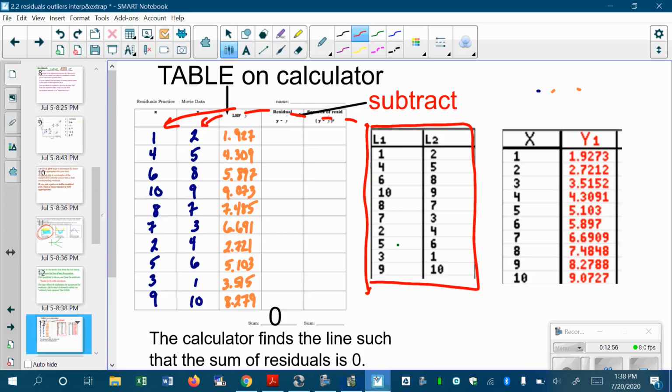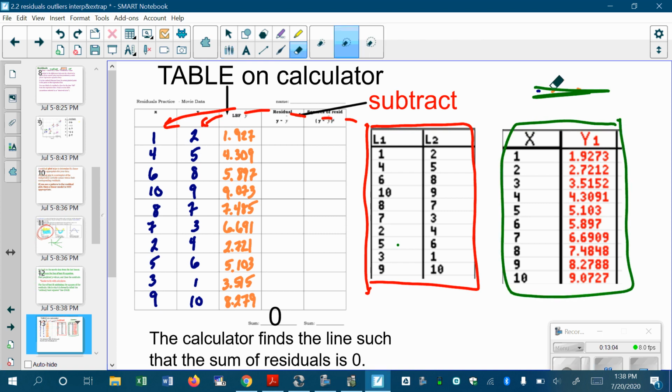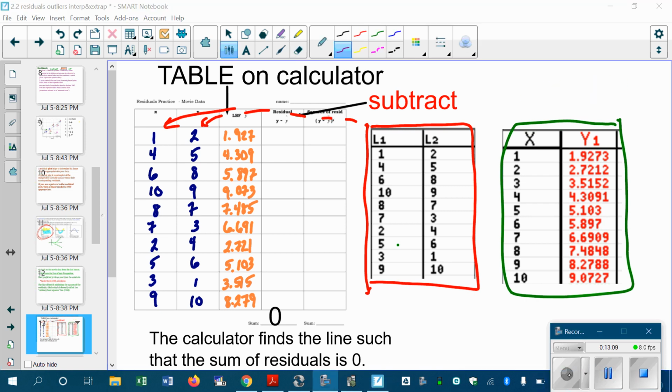Okay, so back here, I did take those values. Sorry. So you're going to take the numbers from that table and put them onto your chart. Now, you're not going to just read through. You have to match them up with the X value that they go with. So for instance, this X is 1.